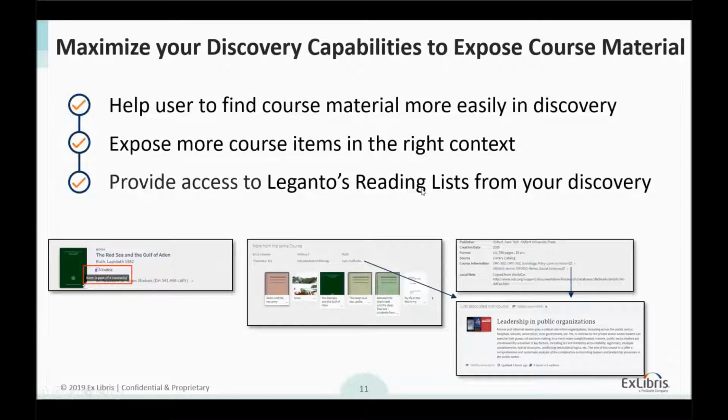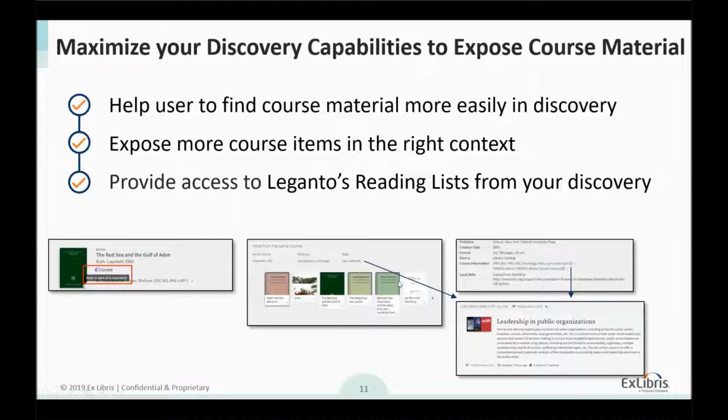And now I want to show you this slide, in order to teaser you to check what your discovery capabilities are in terms of exposing the course material. We have recently released a few features that can help expose the course material. We are releasing this identification, to more easily find the course material. We are releasing the ability to expose more from the same item in the right context.